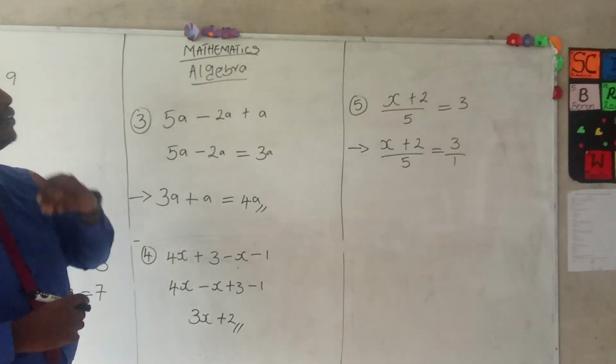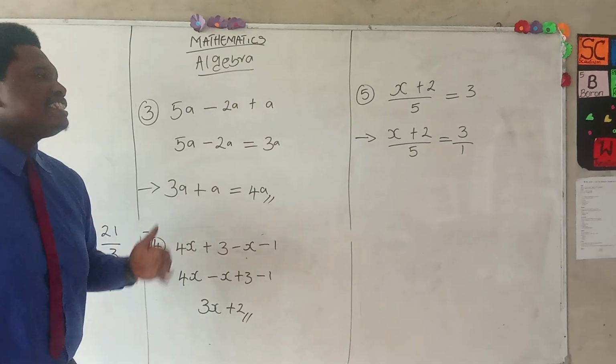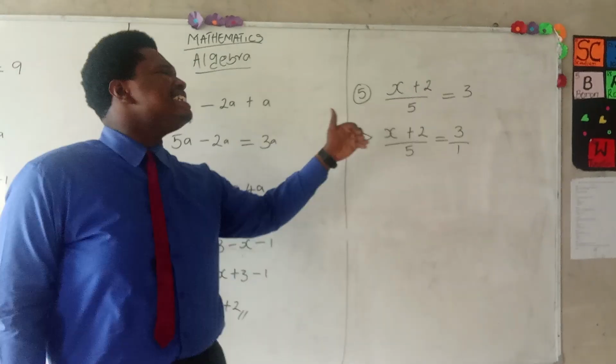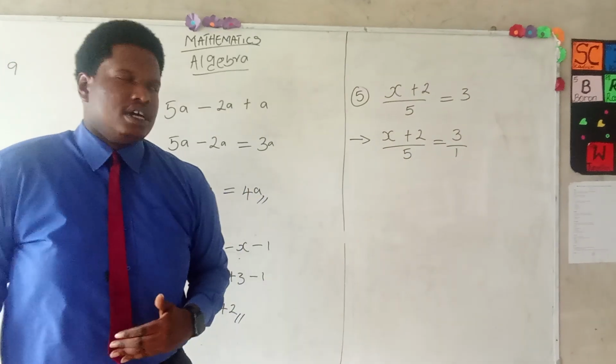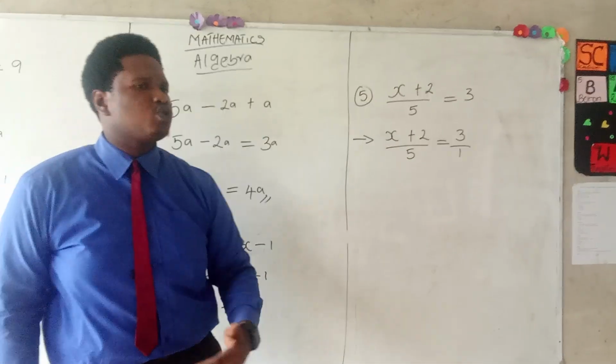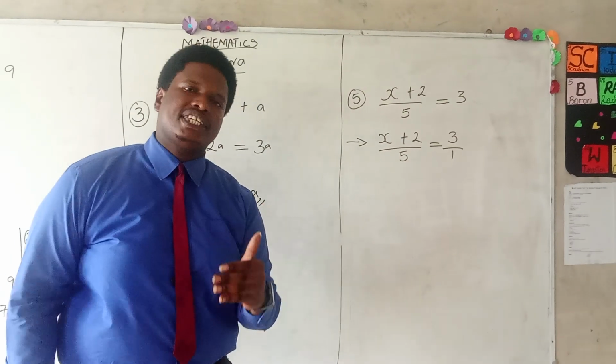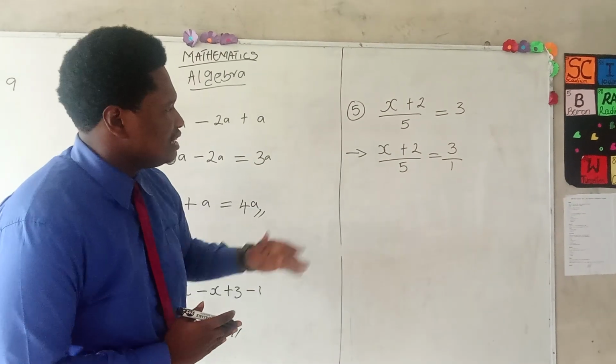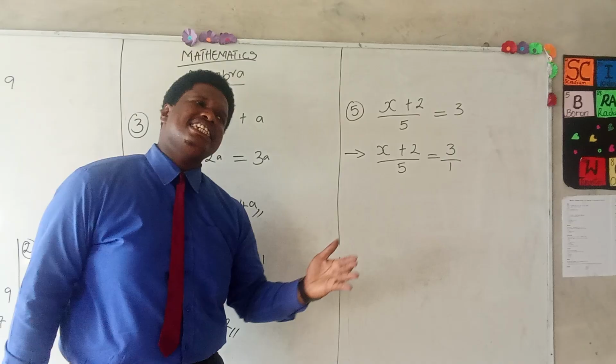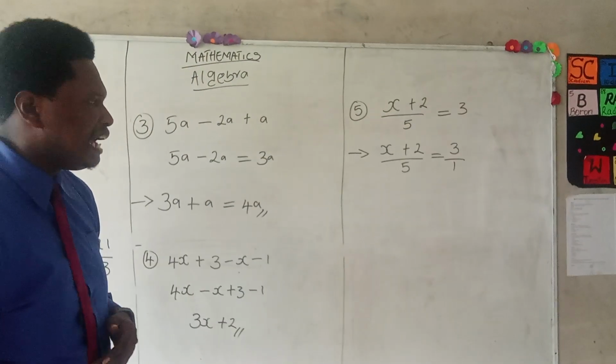Like I said in the first video in our beginner series, 3 and 3 over 1 mean the same concept. The difference is that 3 has changed what we call form, because 3 divided by 1 arrives at 3. So at this point, it makes it easier for cross multiplying.